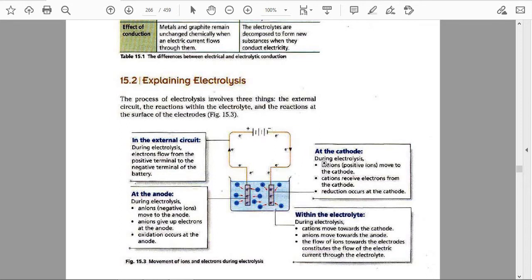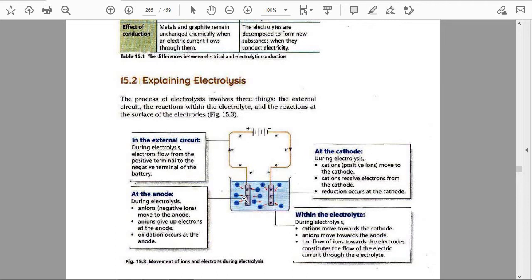Let's see the electrodes. What is happening at the electrode? Let's say the anode first. The anode during electrolysis is the positive electrode.